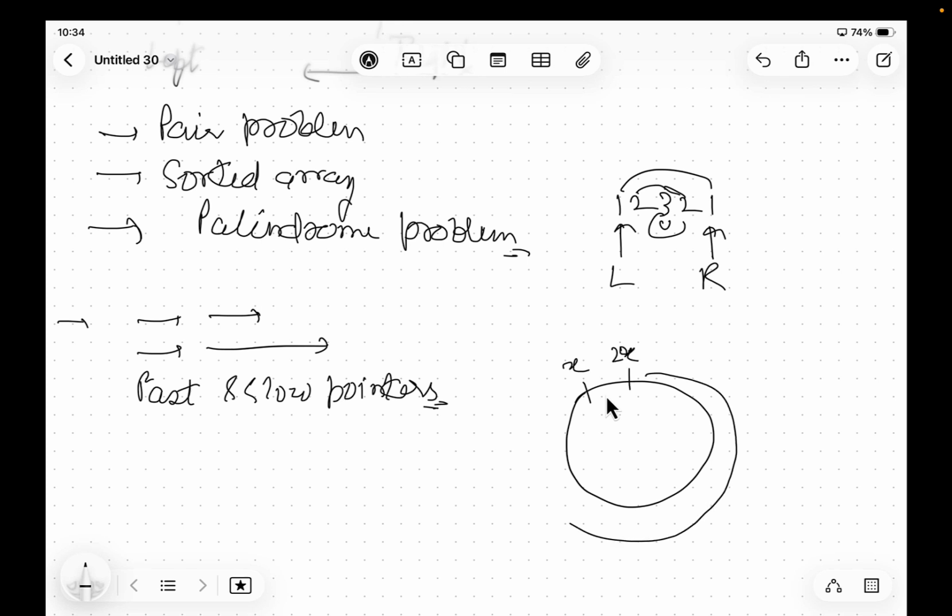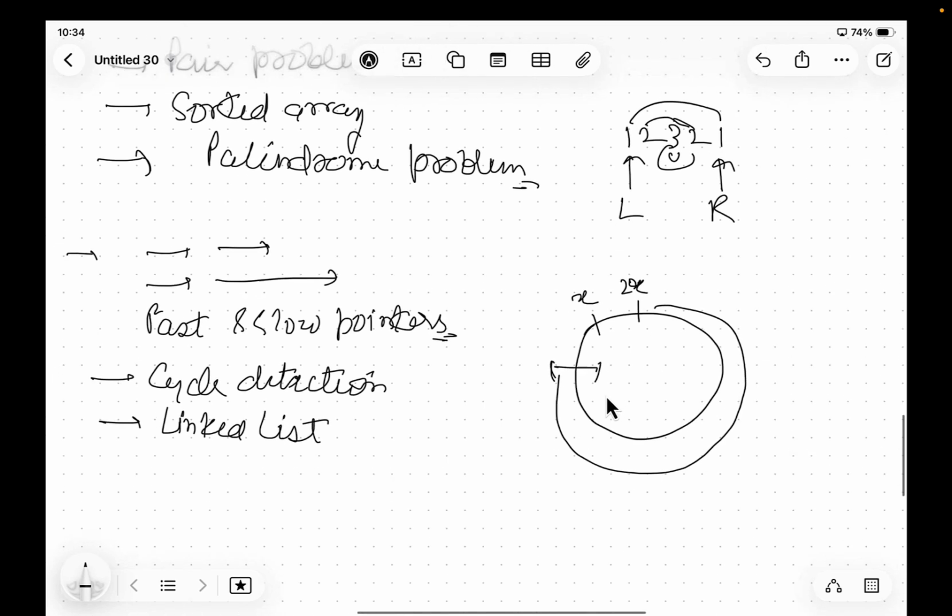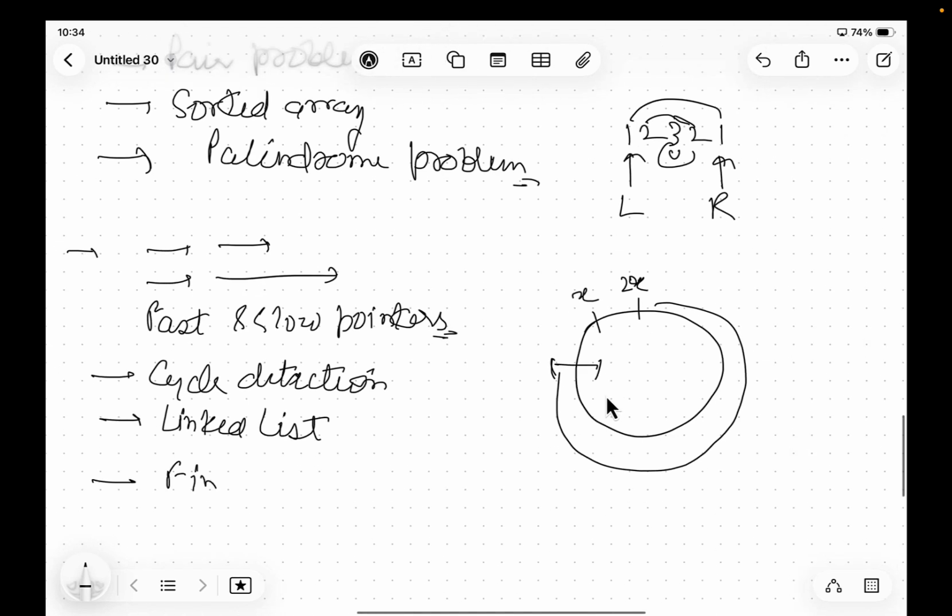Then there will be some point where they meet. If that meeting happens, we can think there must be a cycle in the whole array. So it is used in cycle detection. It is a very famous problem, and I will see this in multiple data types also. Cycle detection is used actually with the linked list, and finding the middle element.